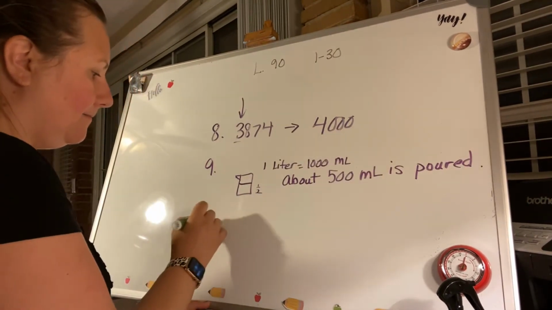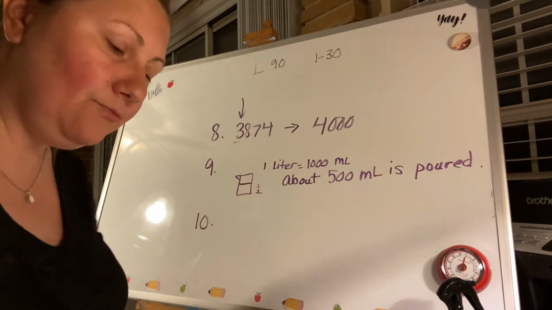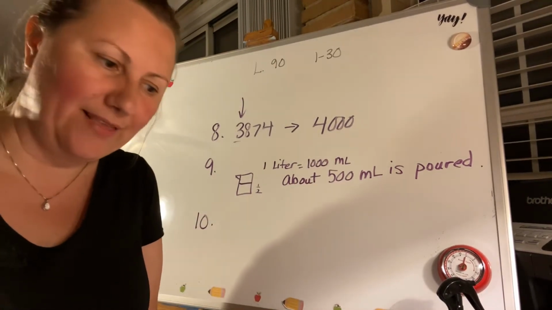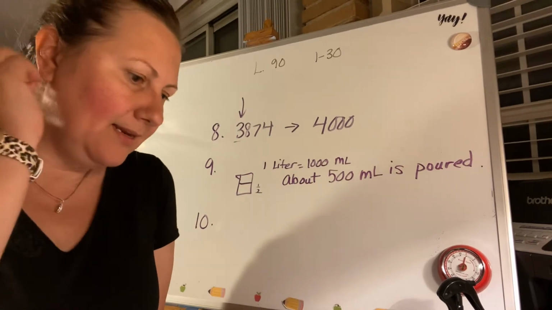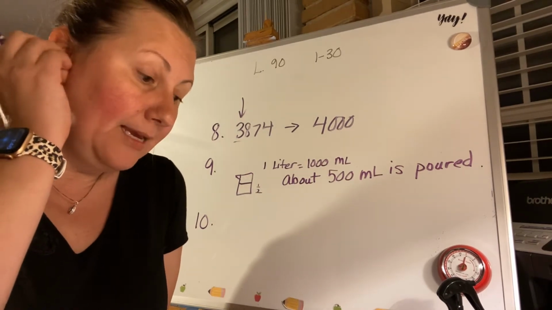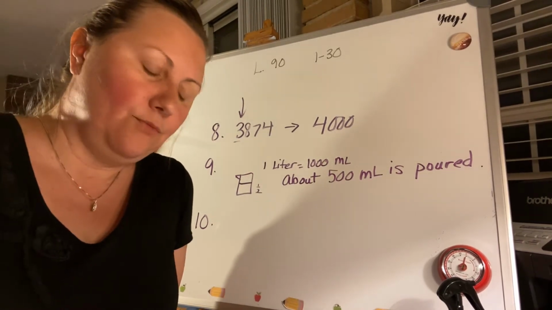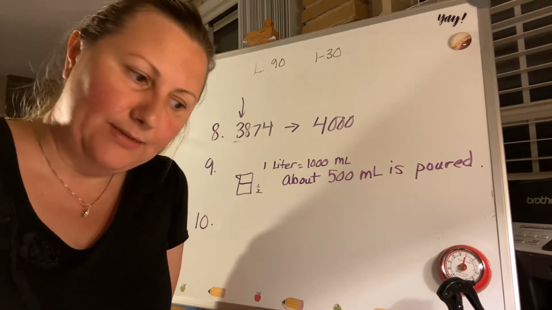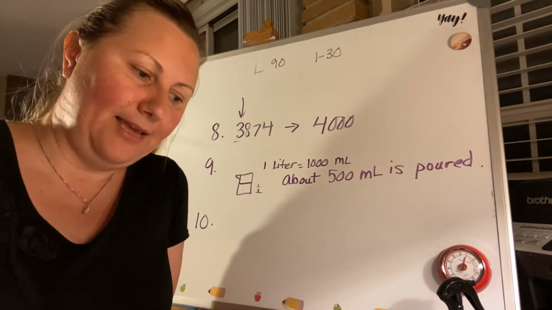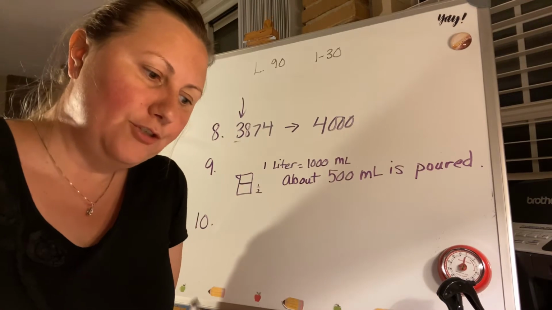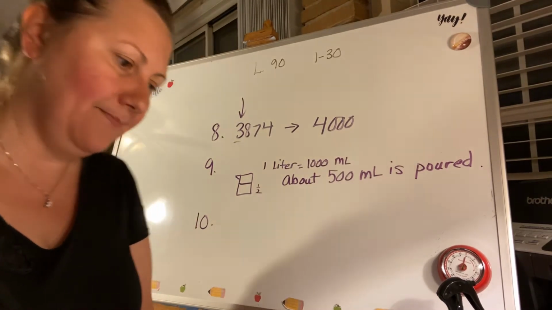Number 10 says the sun was up when Mark started working. That should be our clue that it is probably morning or daytime. Let's see what else it says. It was dark when he stopped working later in the day. How much time had gone by?